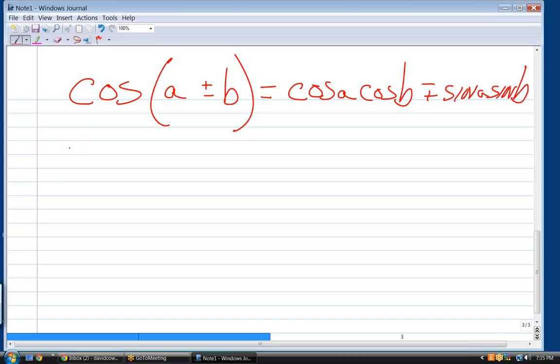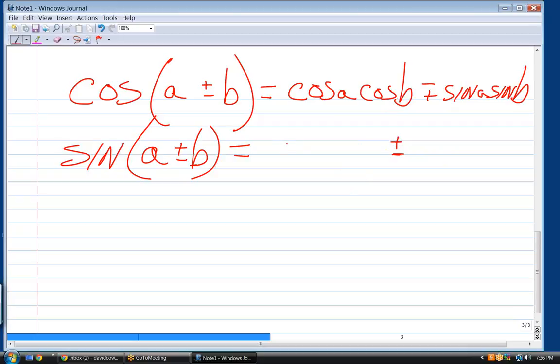The next one to memorize is the sine sum and difference. It's similar to this in that it's going to end up with two sines and two cosines in it. The sign is going to be the same, not opposite. And if I'm going to end up with two sines and two cosines, what must it look like?